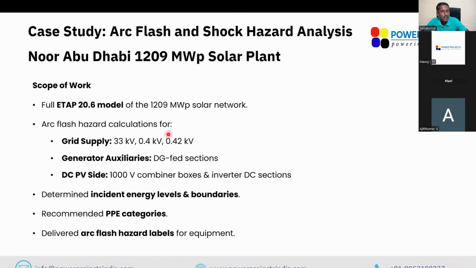It is 380 kV, where there is no arc flash study, but at your 33 kV, 400 volt, 420 volt, 660 volt at the inverter terminal, all these things, and the DC panel side, this arc flash study has been done. And some of the auxiliaries, like the diesel generator which is running, we have done.